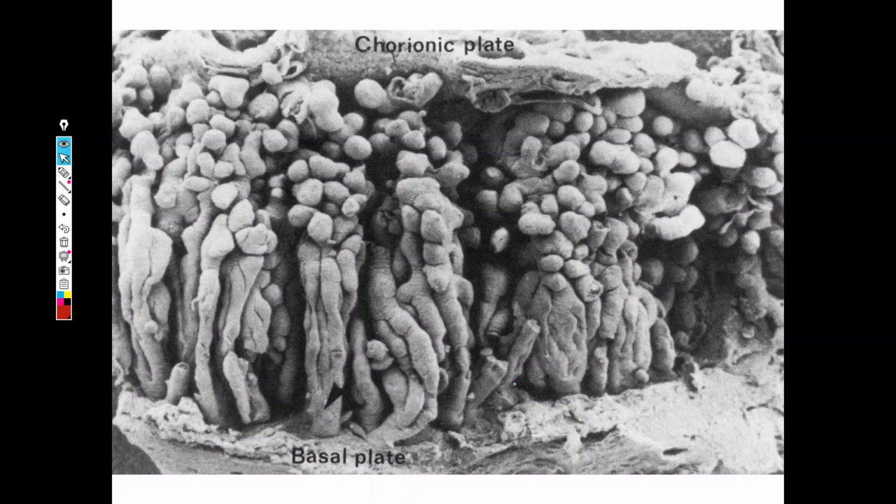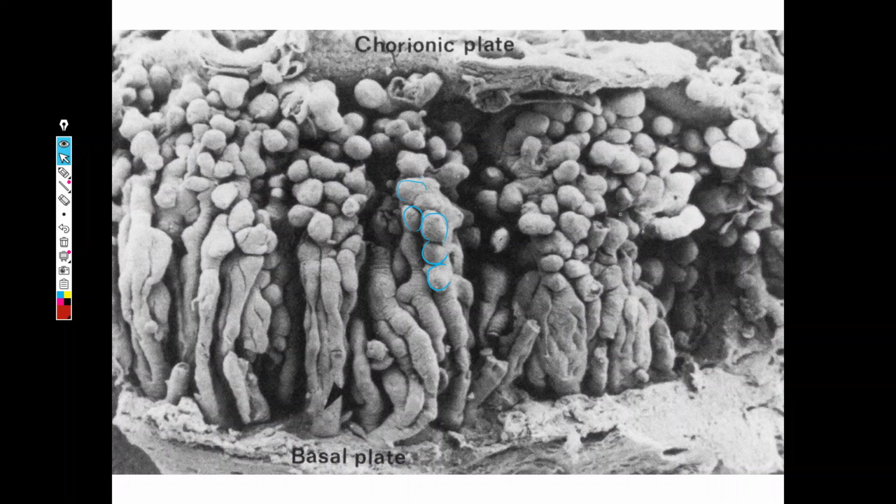So here we have a nice picture from a scanning microscope. Just for your look, here we have some villi. You can see there are these 3 villi, the branches of another big villus that is somewhere deep inside.